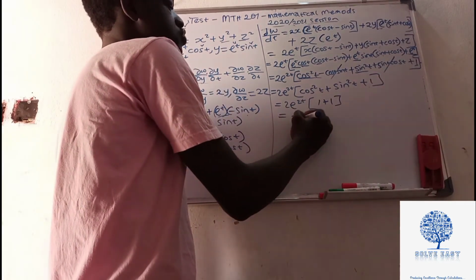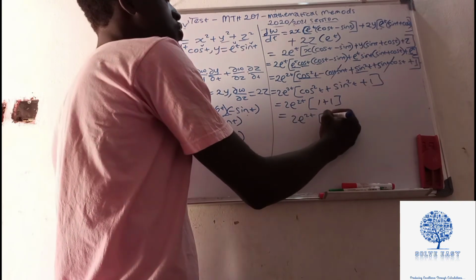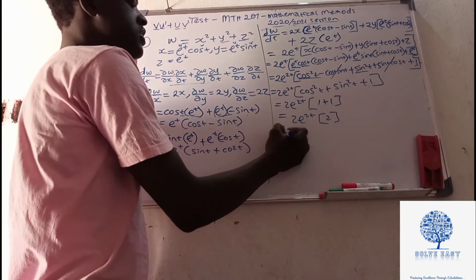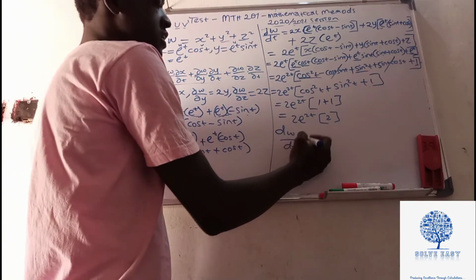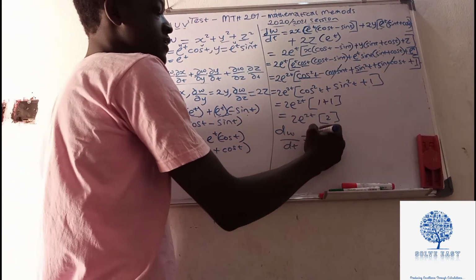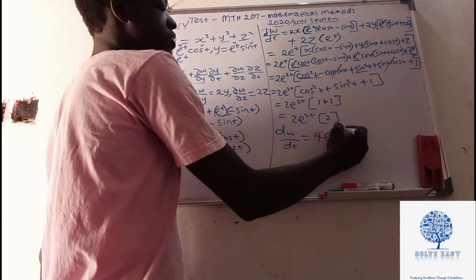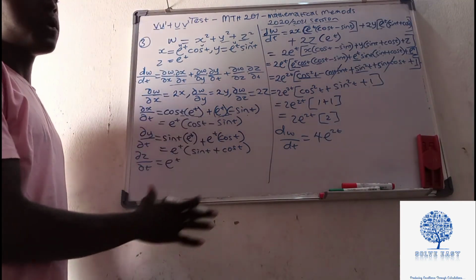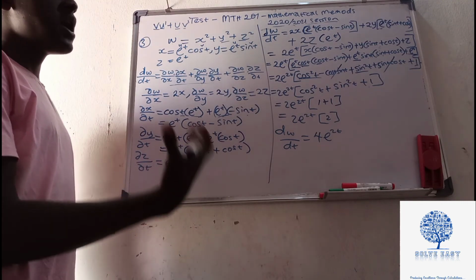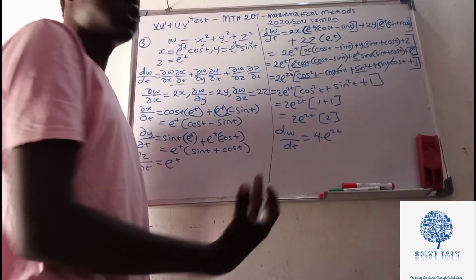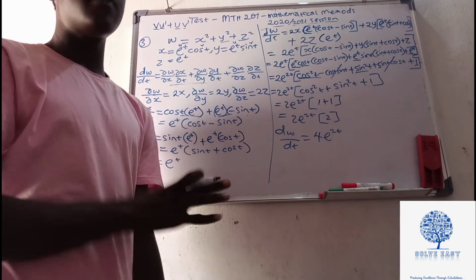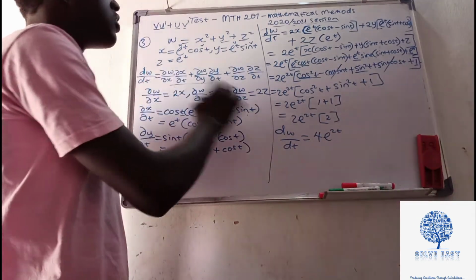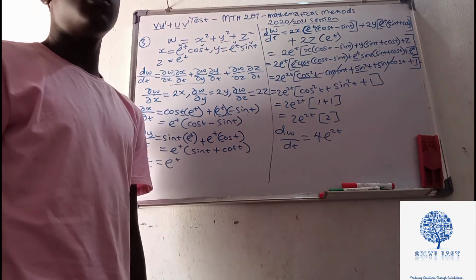This is equal to 2e^(2t) times (1 plus 1), which gives us 2. Therefore our final answer for dw/dt is 2 times 2, which gives us 4e^(2t). All we needed to do was examine very well, scrutinize what we should do, and pay attention to every detail needed to solve this. So our final answer for dw/dt is 4e^(2t).